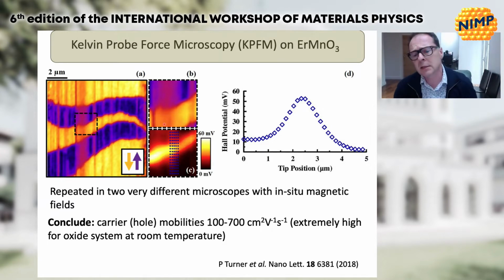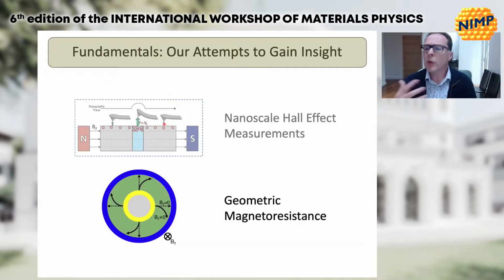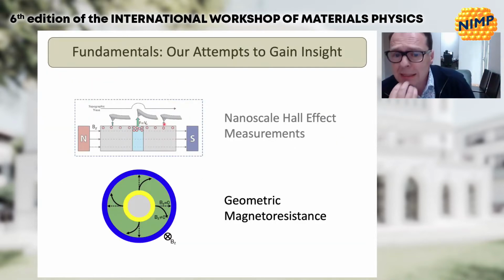And it suggests that there is something quite interesting about the carrier behavior and the transport physics in these domain walls. Okay, so that's what we got on the manganites using Hall effect measurements.